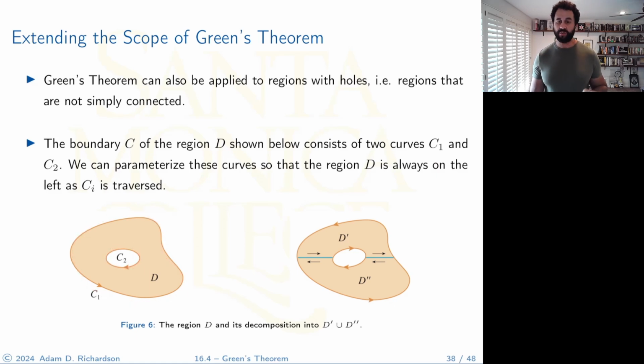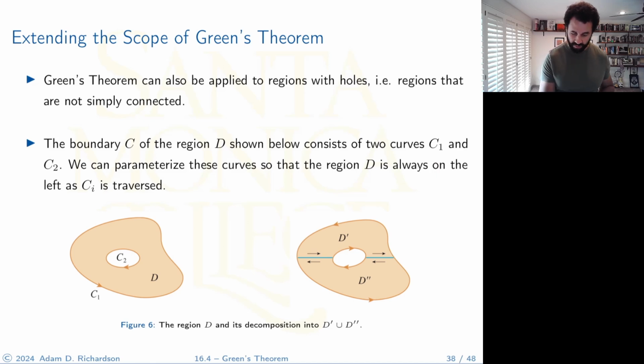What we're going to do is parameterize these two curves so that D is always on the left. Notice here, C1 is positively oriented. C2 is also positively oriented. It seems weird, but it's always on the left. So the region D is on the left. That's what's happening there.